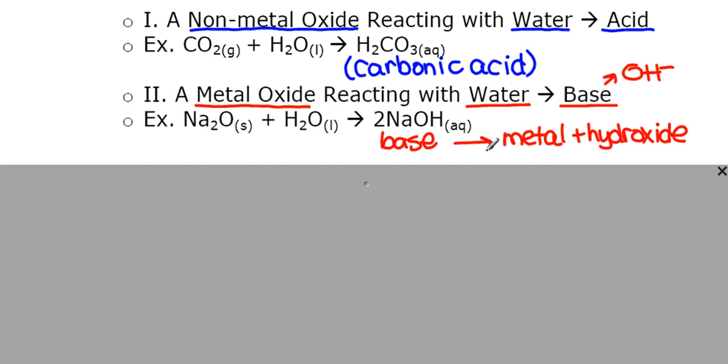That's how you figure out what base you have. So if we look here, our metal is sodium, and the oxygen and hydrogen are going to come from the rest of the other compounds. And then when you're writing out your base, you're doing your crisscross between whatever metal you have and whatever non-metal you have to come up with the formula.